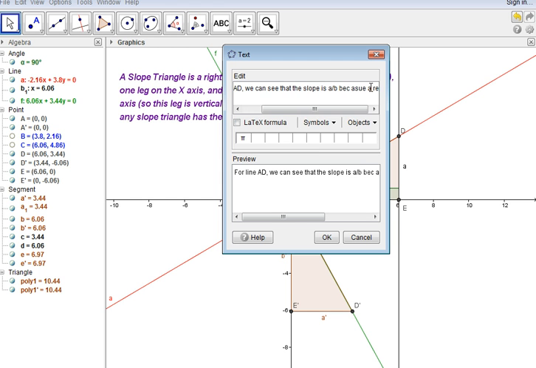Because A represents the rise, or the difference in the y's, and B represents the run, or the differences in the x's.